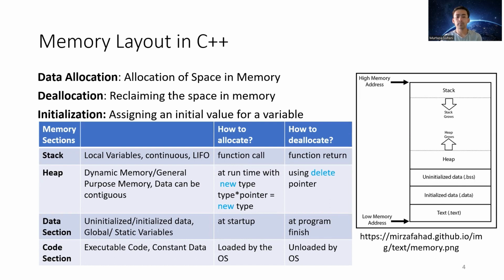On top of it, we have a stack where the local variables are located, and they are automatically located in the stack continuously. And with the rule last in, first out, the data can be deallocated from the memory automatically.